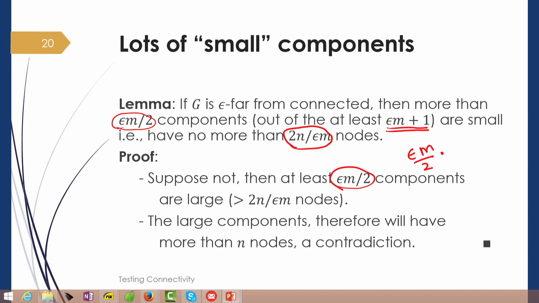So, just that accounts for more than n nodes, and that is simply a contradiction again. The graph itself, we started off with only n nodes. So, we cannot have at least epsilon m by 2 large components, which means that more than epsilon m by 2 components must be small.